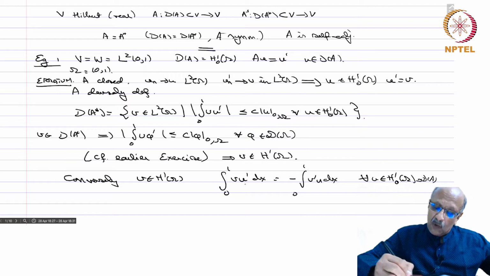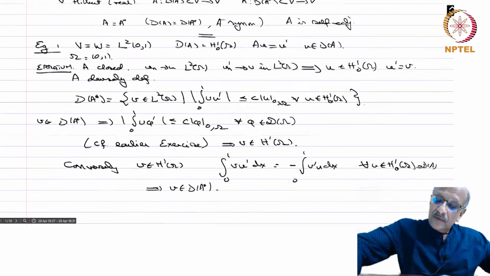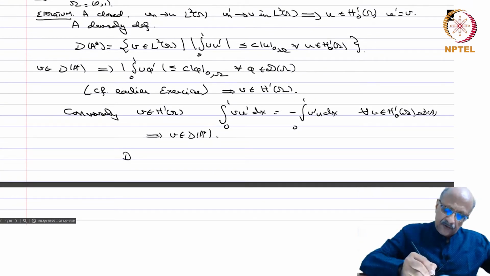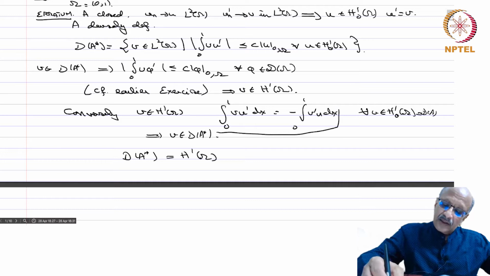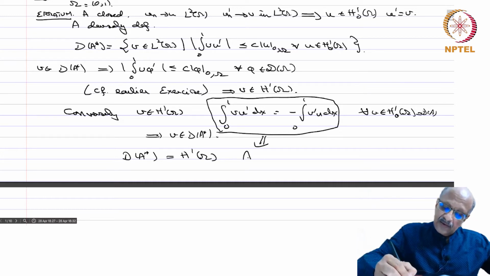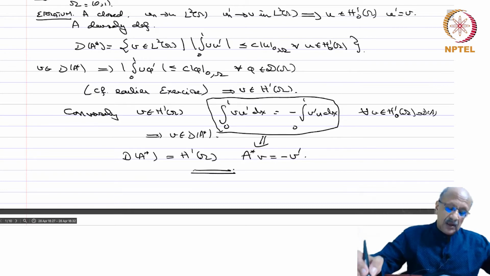And therefore you have that the modulus of the integral of v u dash is definitely less than C times the norm of u in L2(omega), and therefore this implies that v belongs to D(A star). So we have shown that D(A star) is in fact equal to H1 of omega, and from this condition, this implies that A star of v equals minus v dash. Okay, so this is the example.